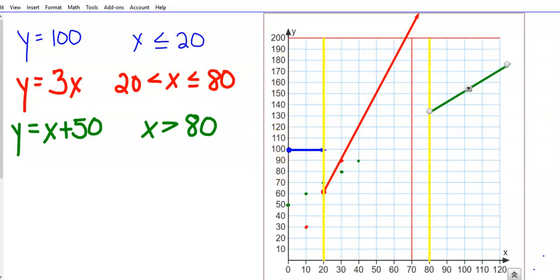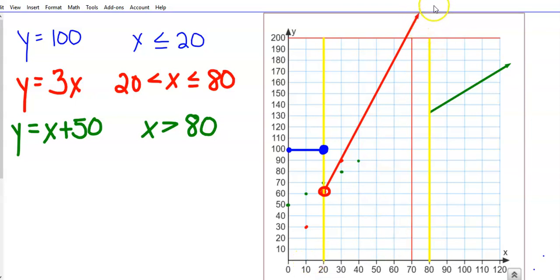So what I would want to do then is take my blue marker and make a closed circle or a colored in circle here, but the red function does not include 20. So I would take my red and be sure that I did an open circle there. That way I've got a closed circle and an open circle in the same vertical line, so it's still a function. It still passes the vertical line test.